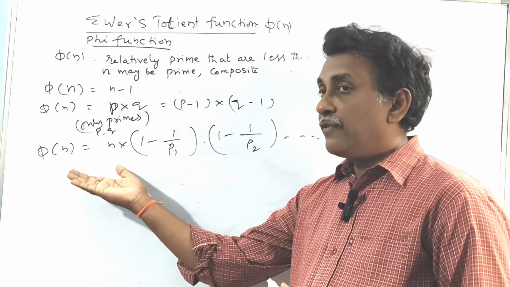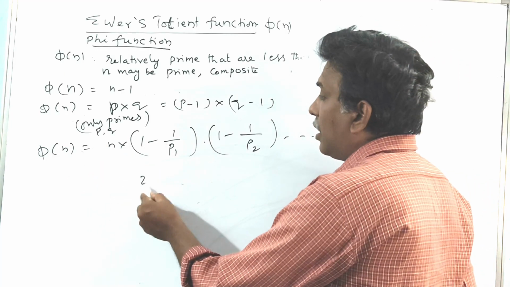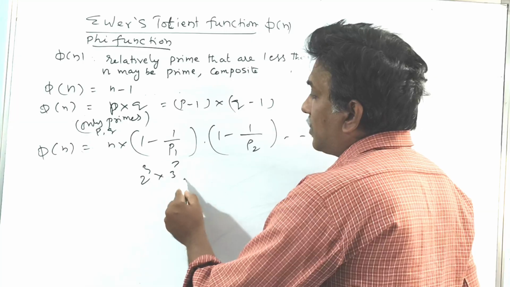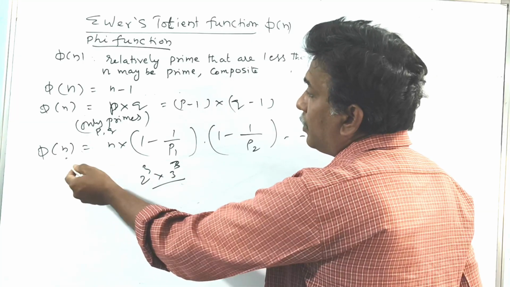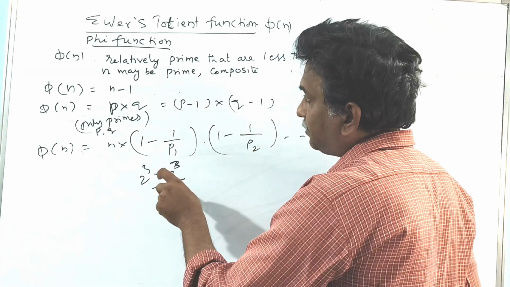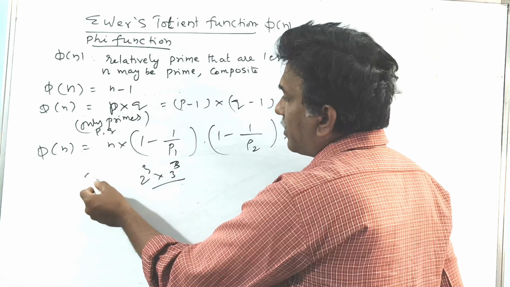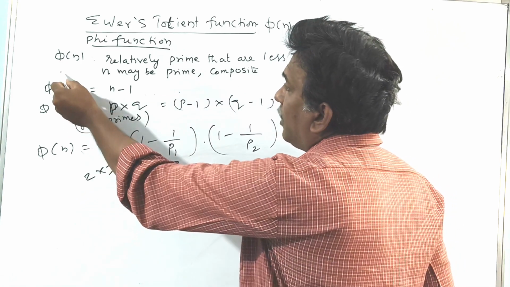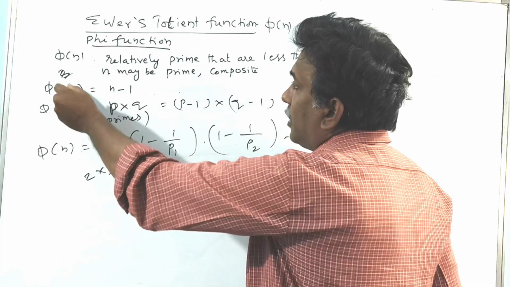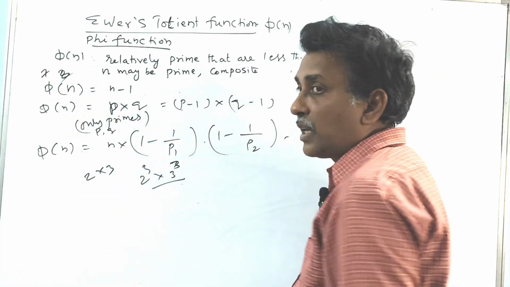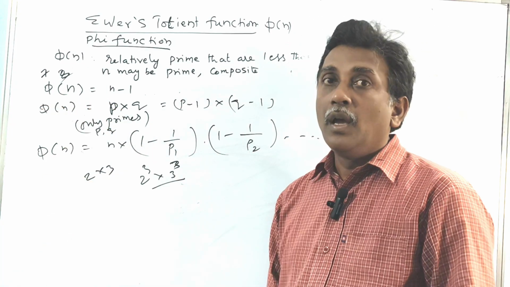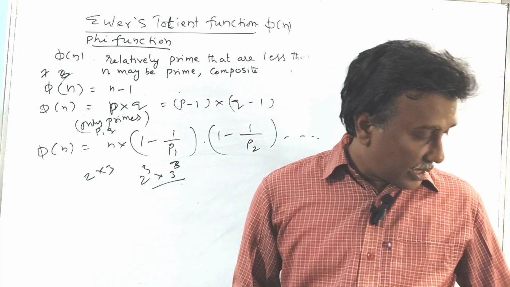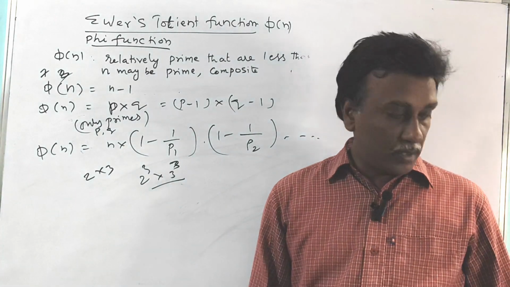If n is large and has powers like 2 power 3 and 3 power 3, we use case 3. For small cases with only one prime number, like 3, 5, 7, we can use the first case. Like that, use the three cases to get the better answer.